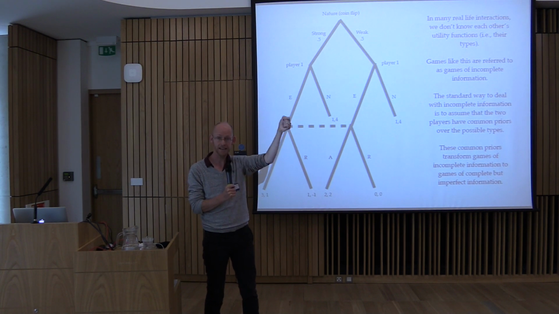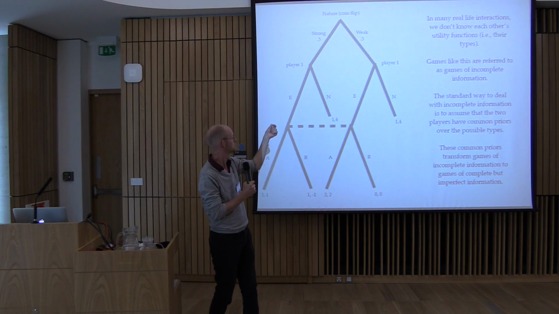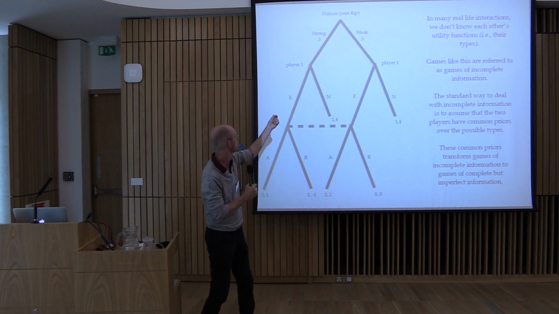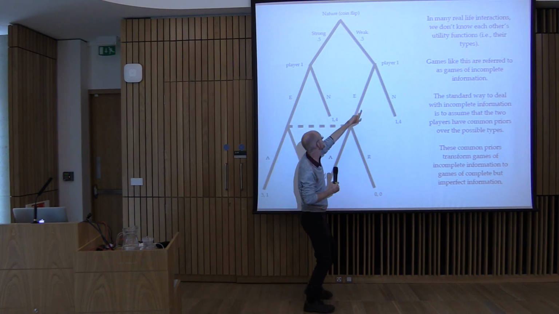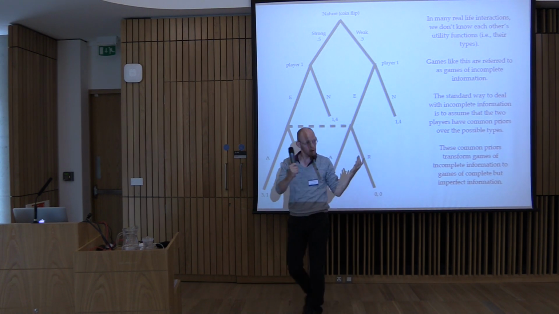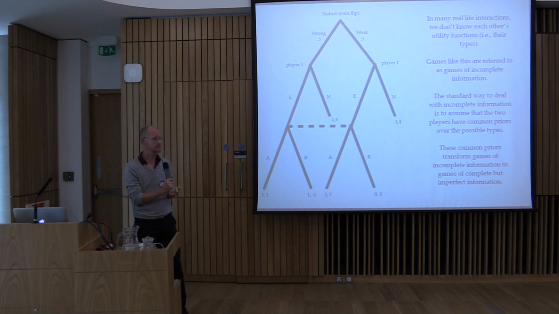So you add an extra player to the game, call it nature, and you say that both player 1 and player 2 know the probability that we start out here, and the probability that we start out here. And if we both know that, then we both know the structure of the game and the utilities.